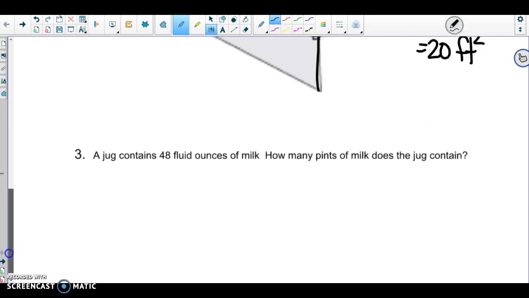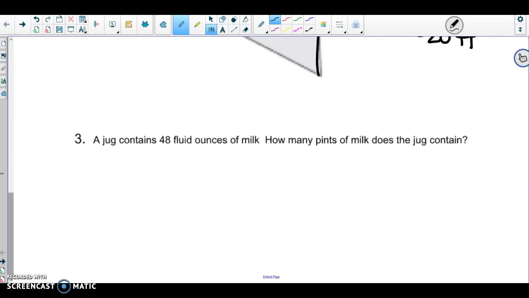Number 3, a jug contains 48 fluid ounces of milk. How many pints of milk does the jug contain? All right, so when I look at my star chart, I'm looking at ounces and pints. It tells us that 1 pint equals 2 cups.